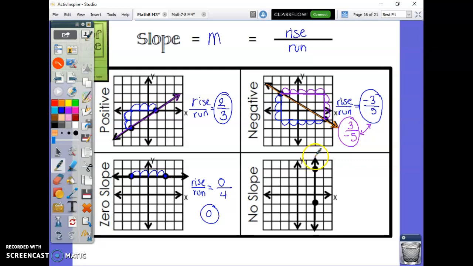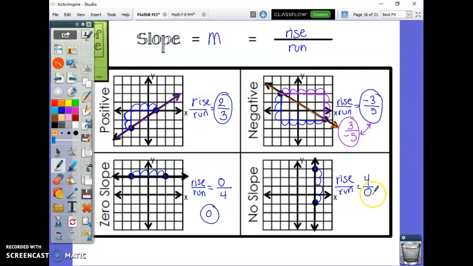And then this vertical line over here, we have point A and point B. Again, we're going to find our rise over run. We go 1, 2, 3, and 4 units up, and then the run: we don't go side to side at all, so it's going to be divided by 0.